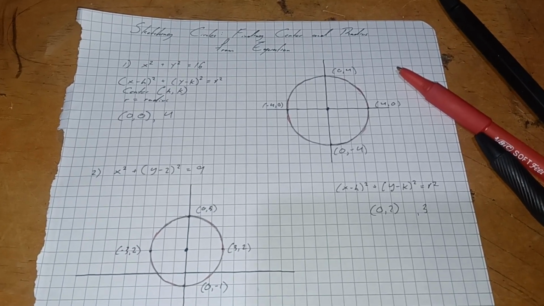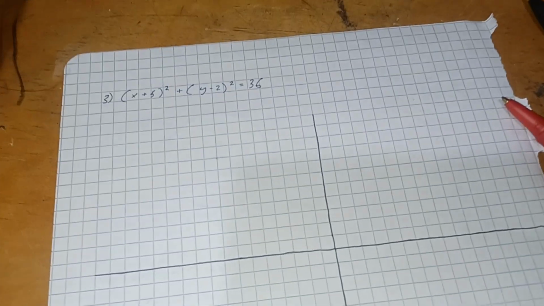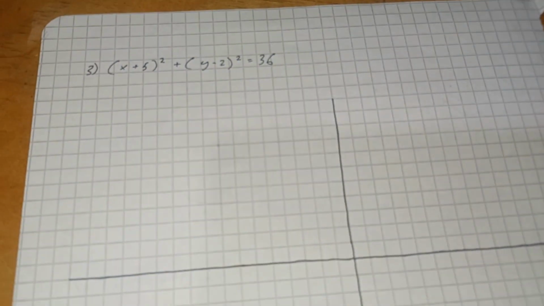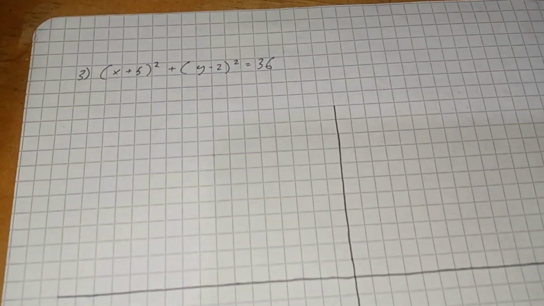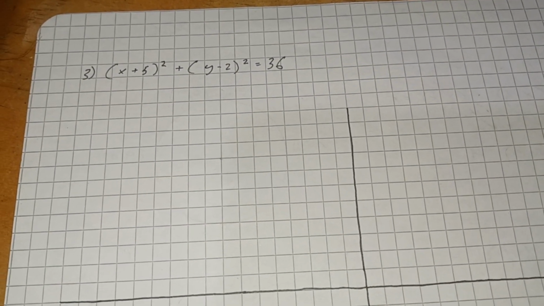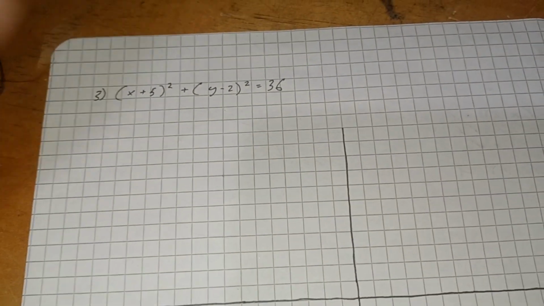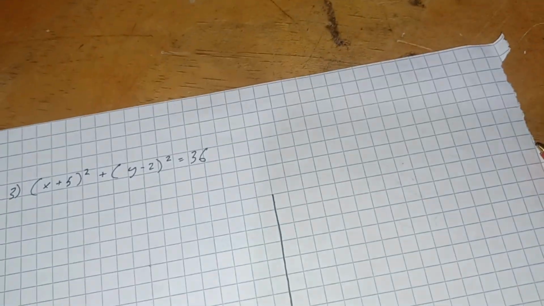Let's move on to our last problem. On the back, we have (x + 5)^2 + (y - 2)^2 = 36. We're going to be writing it down here.